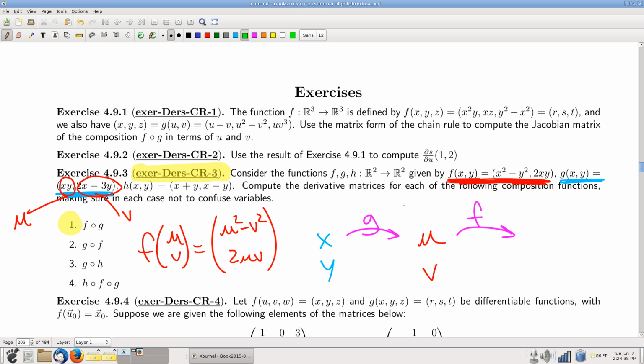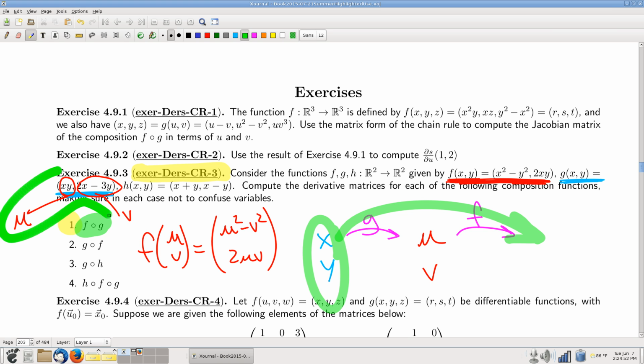I've been asked about this composition. That's F compose G, that composition there. The input variables are X and Y, so I've got to rewrite everything in terms of X and Y. And notice that this tells me how to rewrite U and V in terms of X and Y. So everywhere I see a U, I've got to put XY.